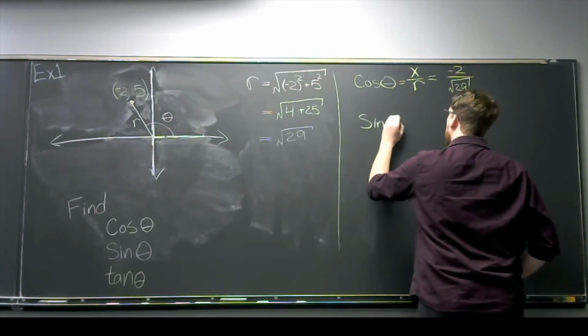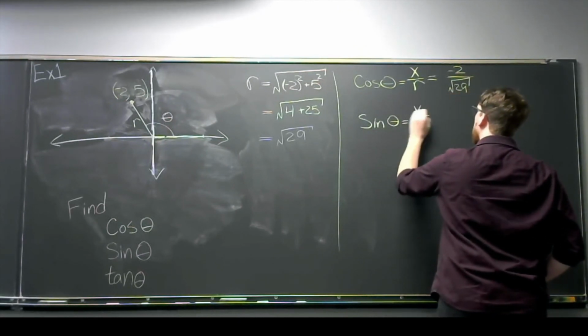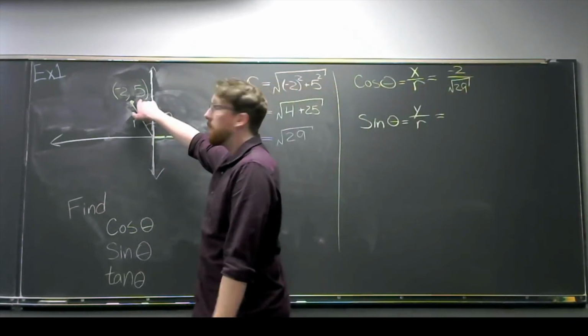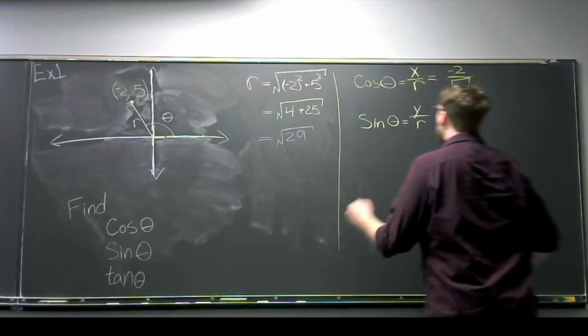Sine of theta is equal to y over r, which is going to be 5 over the square root of 29.